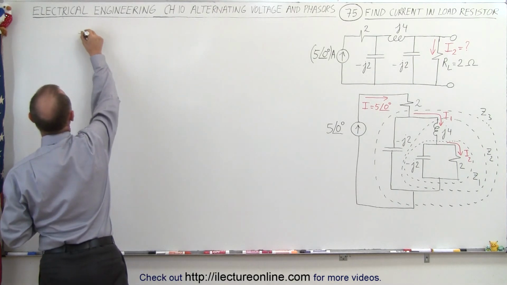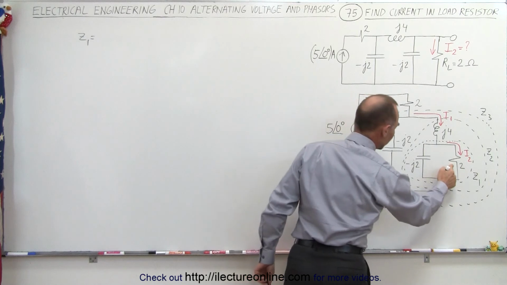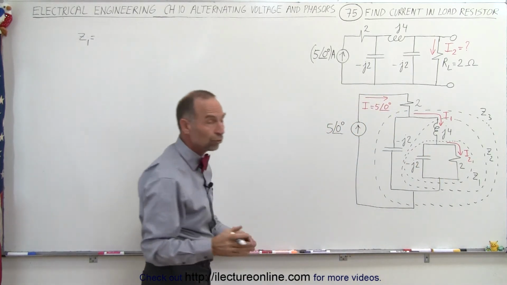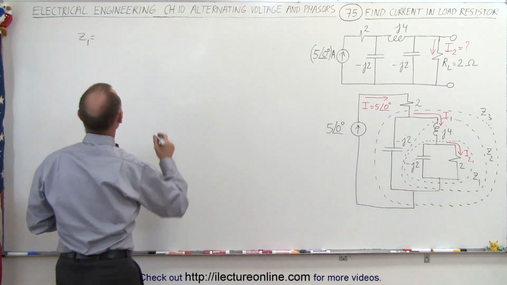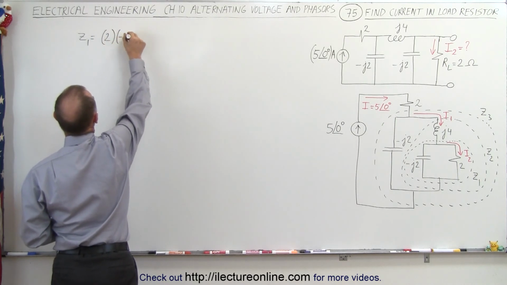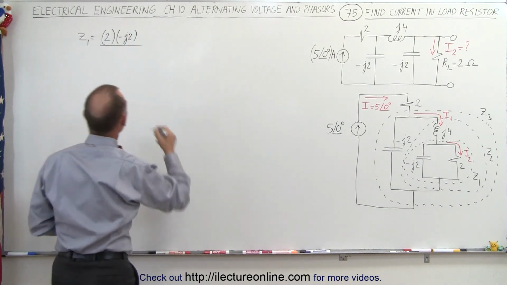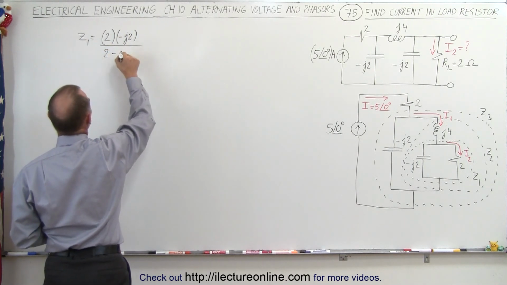Now Z1 is the parallel branch of a resistor and a capacitor. So we use the product over the sum method. So that means the product would be 2 times minus J2, divided by the sum, which would be 2 plus minus J2.